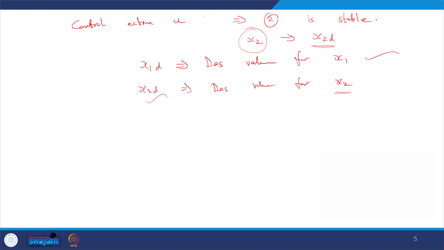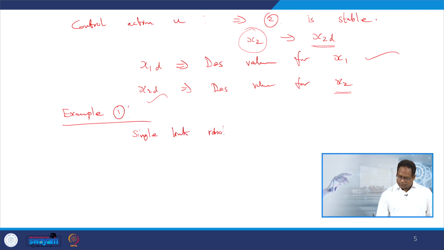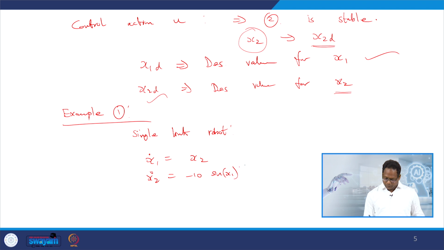Now, with this concept, let us understand more with the help of an example of a single link manipulator. Let us consider the single link manipulator dynamics given by x1 dot equal to x2 and x2 dot equal to minus 10 times sine of x1 plus u.